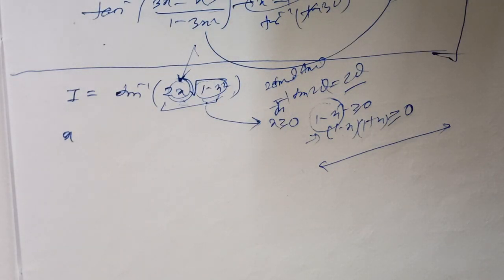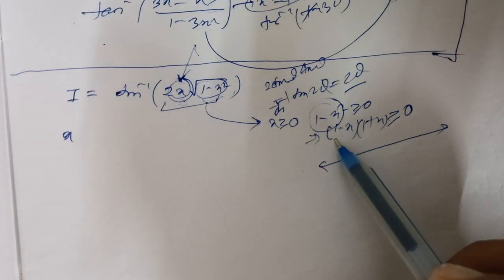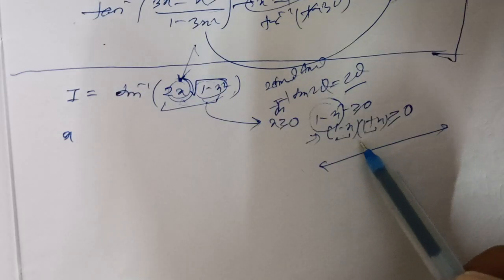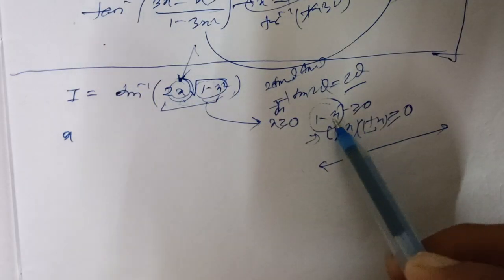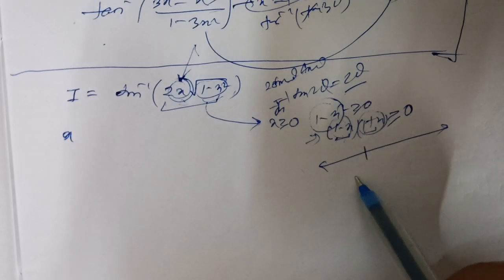That's why I don't like definitions of everything. People just try to complicate stuff using definitions and all that, whatever. But yeah, let's not go into that. The critical points here mean the zeros of the factors. This is going to be 0 at 1, this is going to be 0 at minus 1. Plot them.